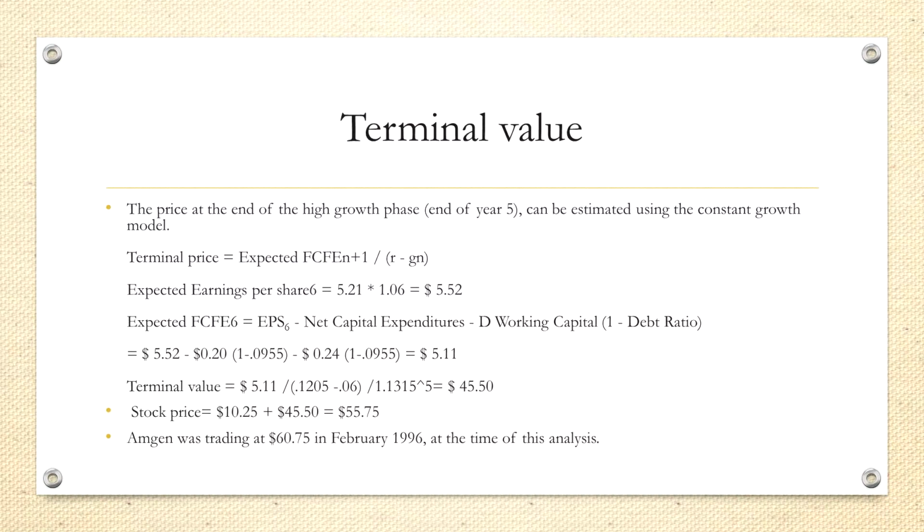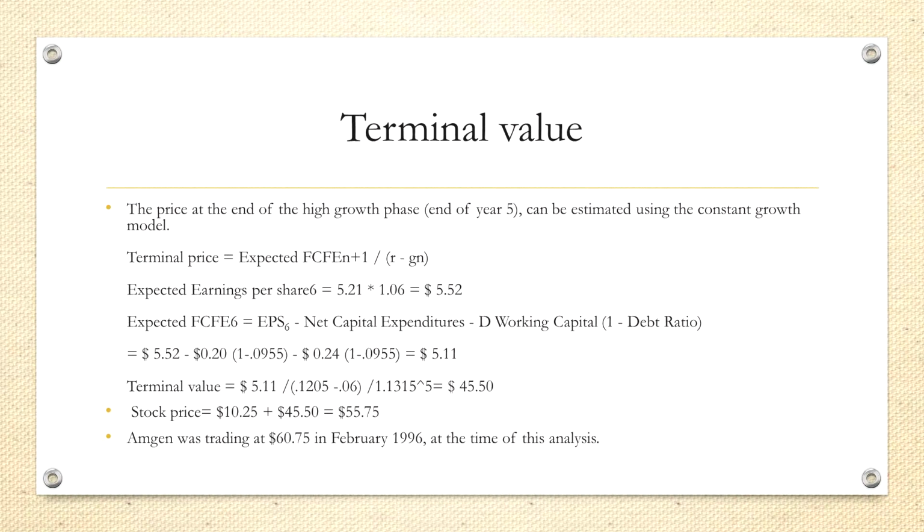Now let's do the evaluation of the company. Let's first of all look at the terminal value. Terminal value equals expected earnings in year 6 divided by r minus g, and expected earnings in year 6 equals earnings in the 5th year times 1 plus the growth rate, using a cost of equity of 12.05% and a growth rate of 6%.